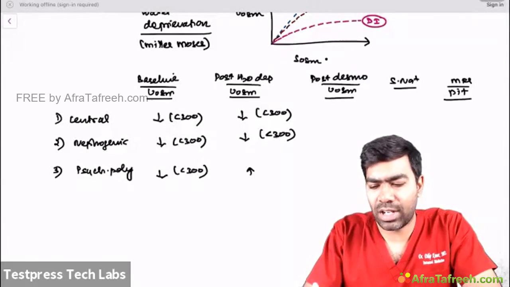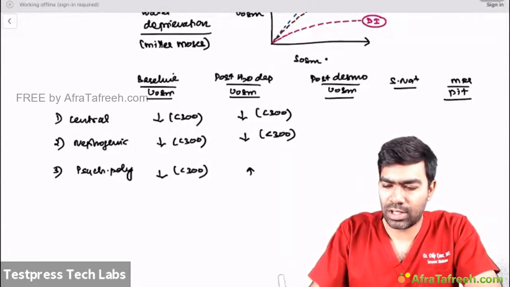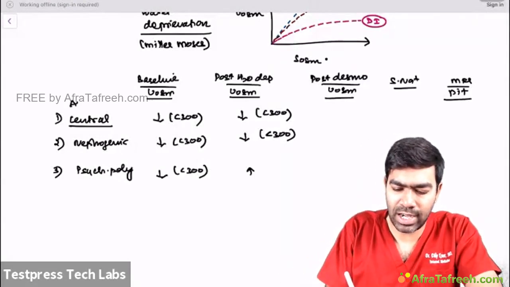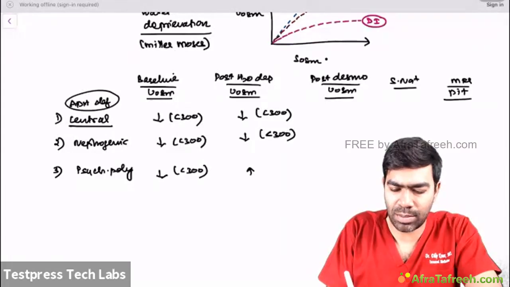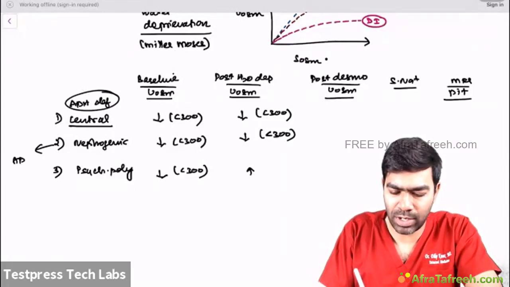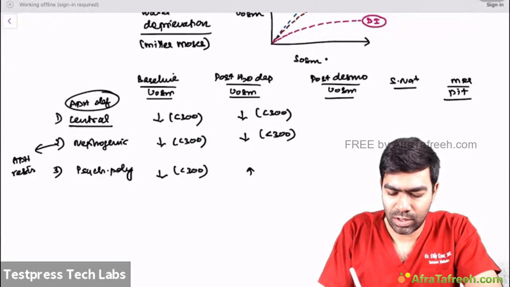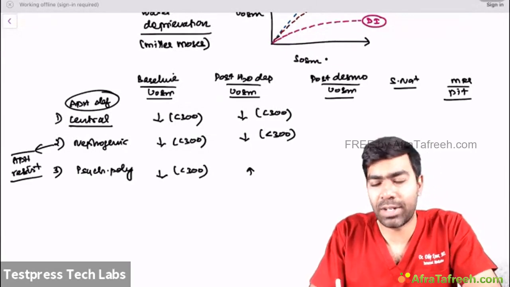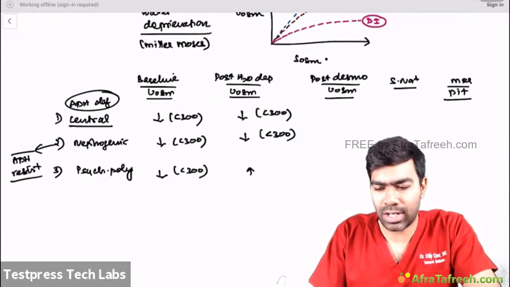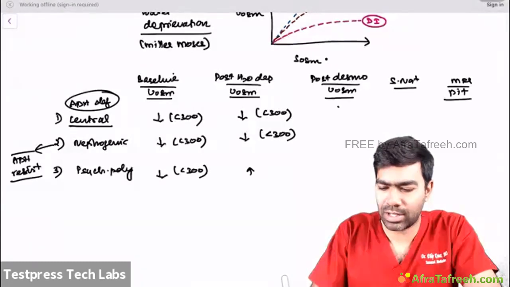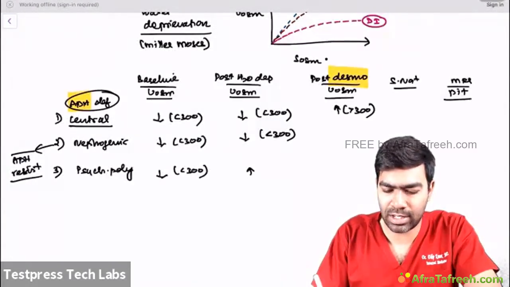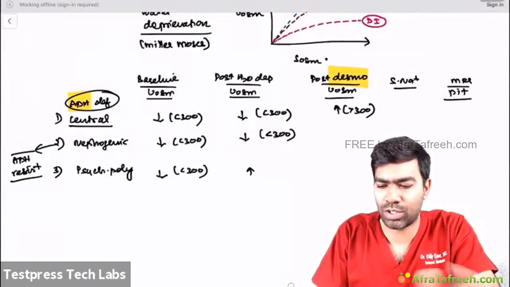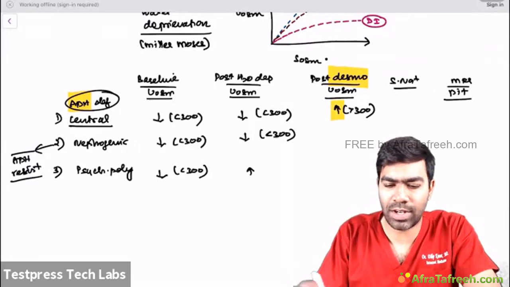After giving desmopressin, we know that central means it's ADH deficiency. ADH is not coming from the pituitary. Nephrogenic means we are talking about ADH resistance. To understand in a simple way, in central patients the urine osmolality will now become more than 300, because desmopressin is going to mimic ADH action. Because ADH is deficient in central, once you give desmopressin, the urine osmolality will definitely increase.